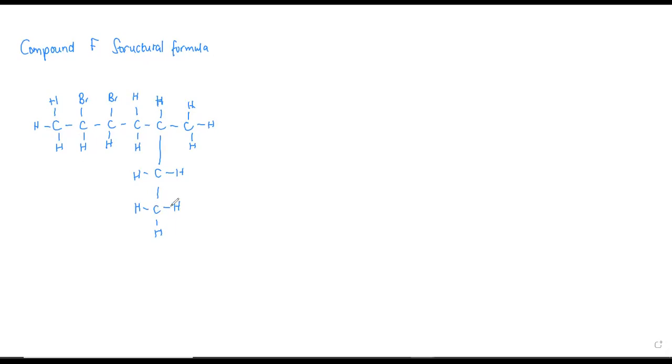So we can count them again. We have 1, 2, 3, 4, 5, 6 carbons if we consider this as our parent chain. But if we consider starting from here as our parent chain, we have 1, 2, 3, 4, 5, 6, 7 carbon atoms.